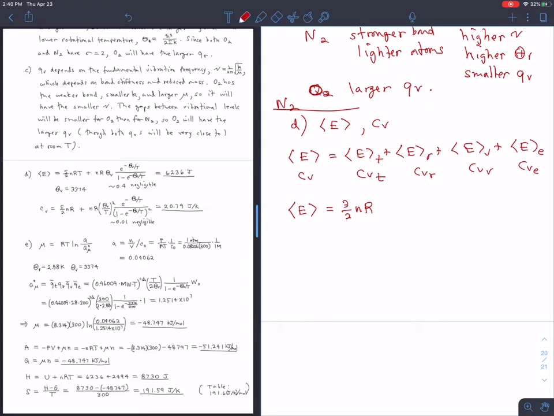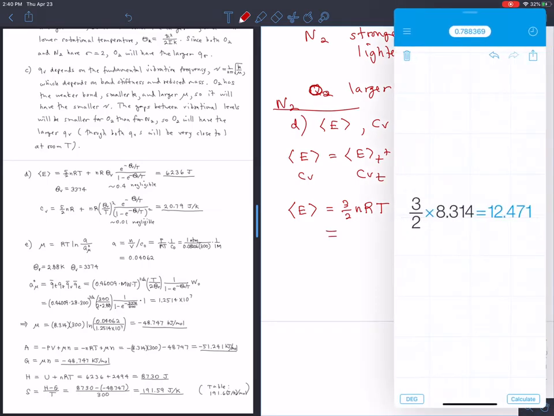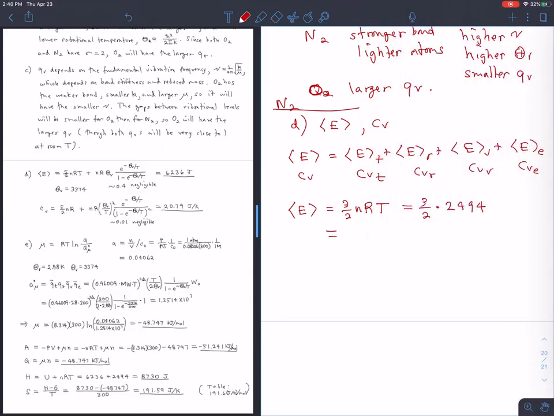So it's 3/2 nRT for energy, and that's 3/2 times 2494, at 300. I have both the 300 and 298 values memorized, and that is 3741 joules.